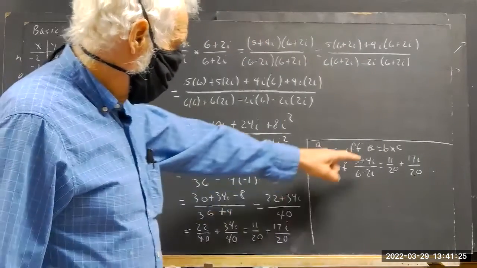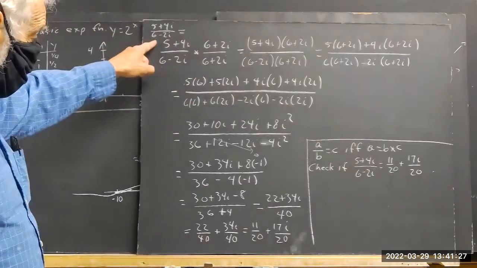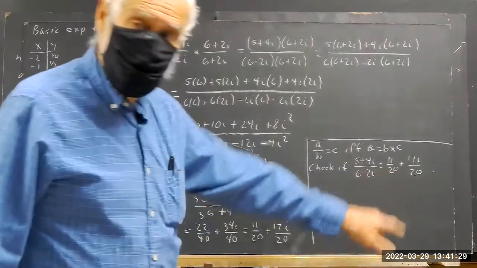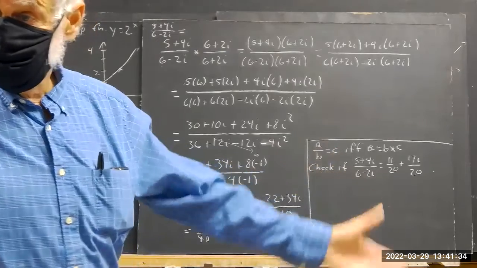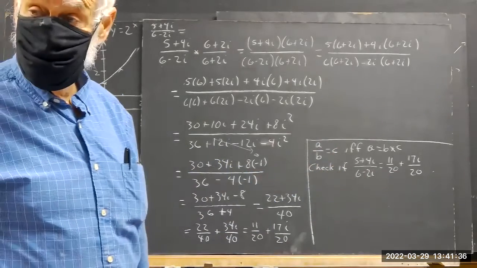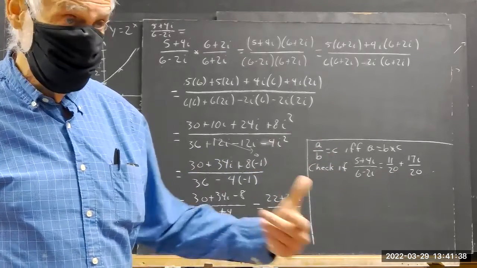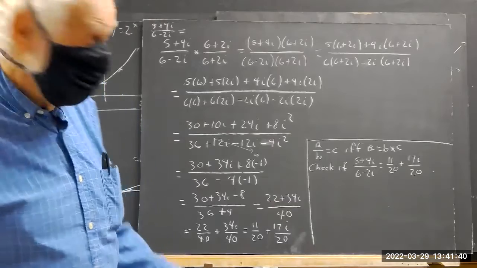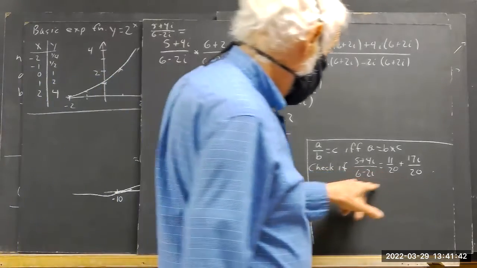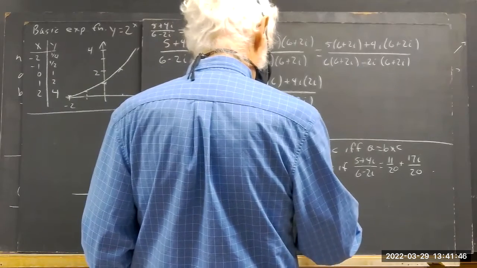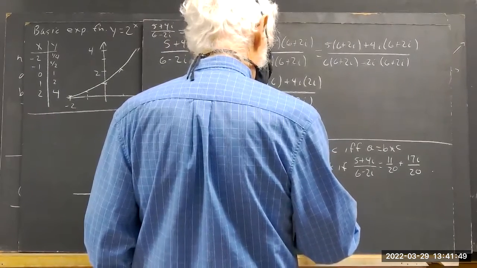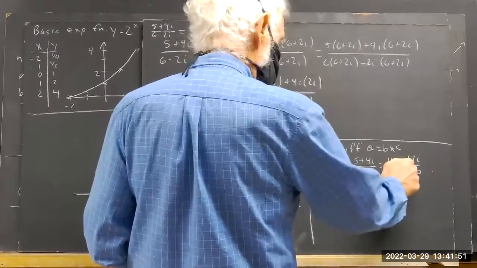How do we check? So we check if this divided by this, which is what we started with, is equal to this, which is what we ended with. Well, if I didn't make any mistakes, there's no guarantee I didn't make any mistakes. I don't think I did, but I wouldn't bet the farm on it. So I check this. Is this times this equal to this?